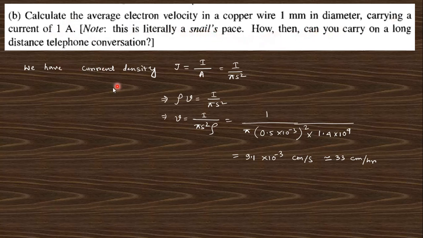So current density, you know, is I by A, that is current by area. The area will be pi a squared, where a is the radius, and J is rho v.